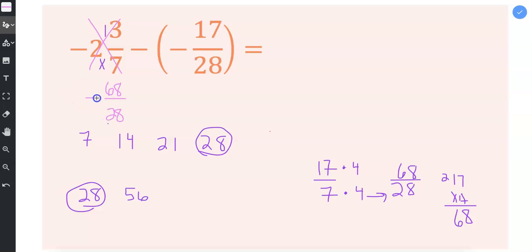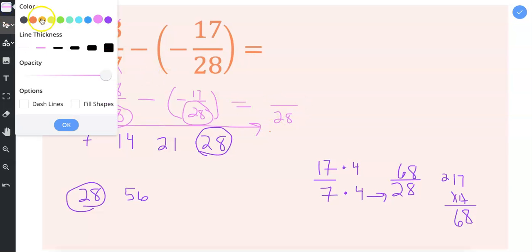I'll copy down this negative symbol that's in front, the subtraction sign, and then I can just copy the 17 over 28. And remember, I didn't have to change this fraction because it already had a denominator of 28. Now that the denominators are the same, I can go ahead and drag that denominator over.